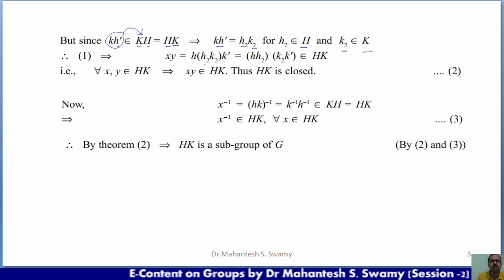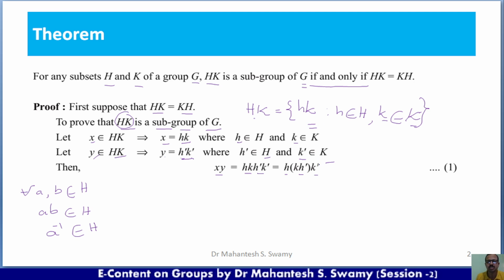Now let us substitute its value in equation 1. In the previous slide we have taken the last equation as equation number 1, XY equal to this thing. Here we substitute the value of this particular quantity.